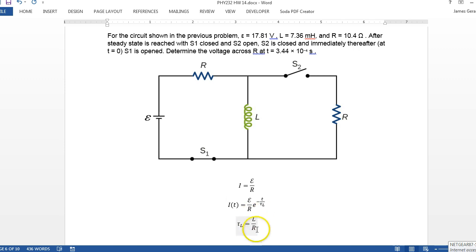Ohm second divided by an ohm leaves you with seconds. And so the current in this circuit is going to decay exponentially as e to the minus t over tau.